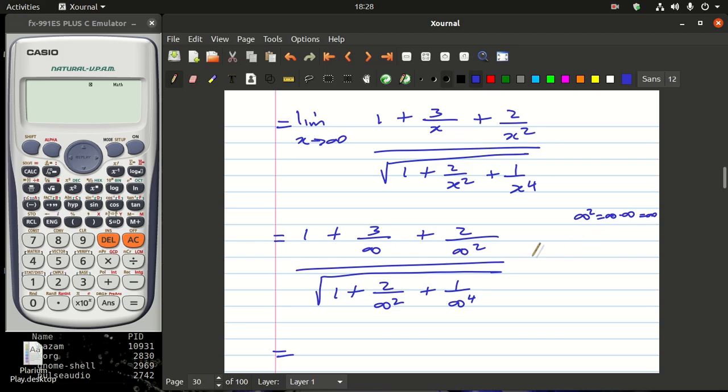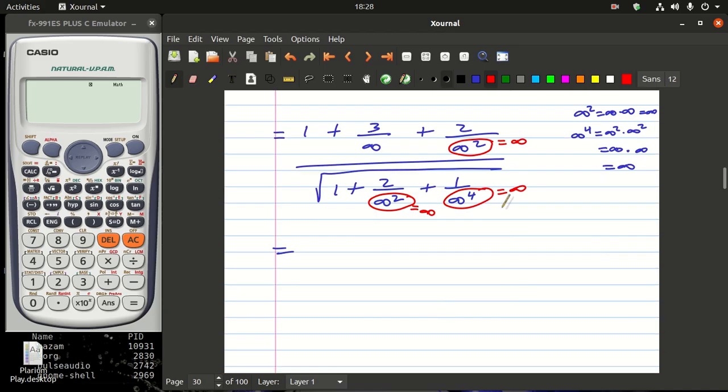Infinity to the power 4 is the same as infinity squared times infinity squared, which is just infinity. So this part here is infinity, this one here is infinity, and this one here is infinity.